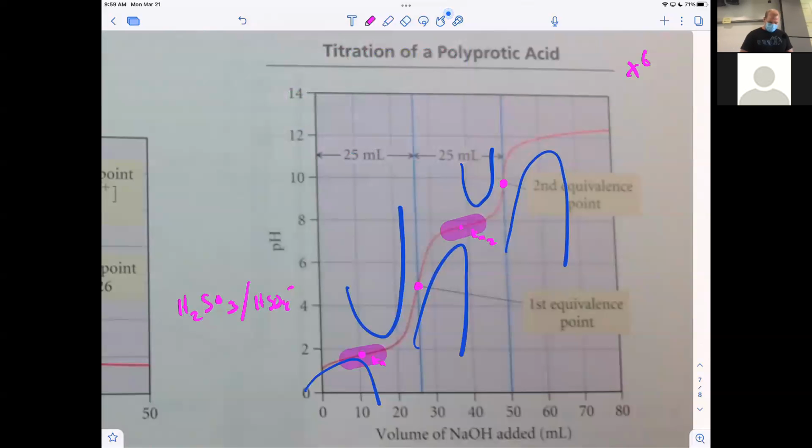If you want a buffer that's in the high 7s, you could use HSO3 minus and SO3 2 minus. So you could use solutions of those two to design a buffer. So it just depends on what you want. For this year, I'm not going to ask you to design a buffer, but I'm just saying in the future, if you have to do so, let's say you have to grow bacteria.